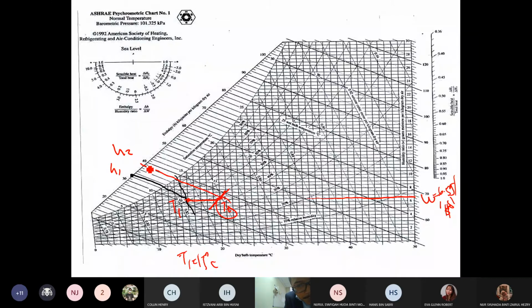Berapa nilai untuk you punya h2. So this is h1. This nilai untuk h2 which is about 37. Okay, h2 sama dengan 37 kilojoule per kilogram of dry air. And then phi 2 will be read. Berapa ni phi 2 ni? Kalau you tengok nilai dia antara 40 dengan 50.